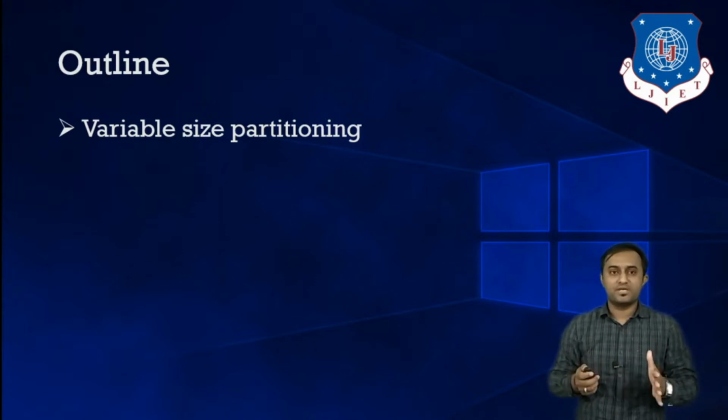In the previous session, we discussed the fixed size and variable size partitioning scheme in a conceptual way. Now, in this session, we are going to discuss variable size partitioning scheme with the help of example, and its algorithms.